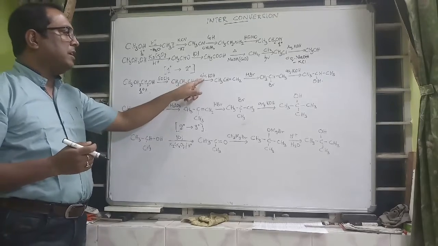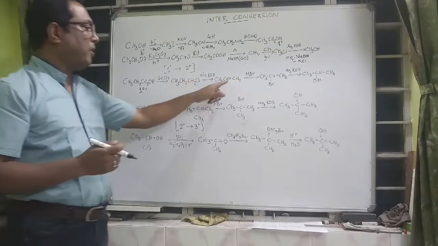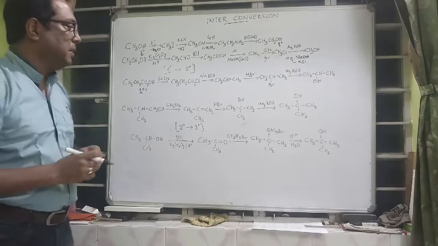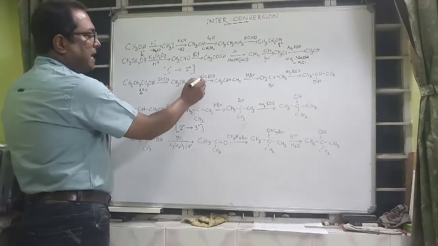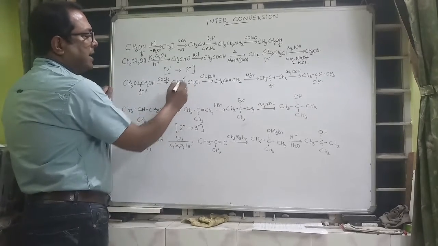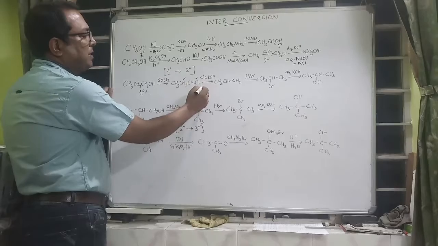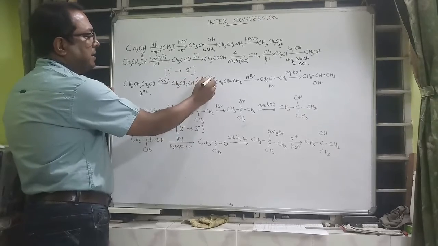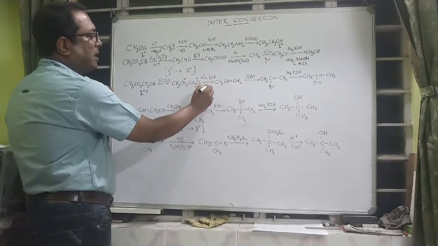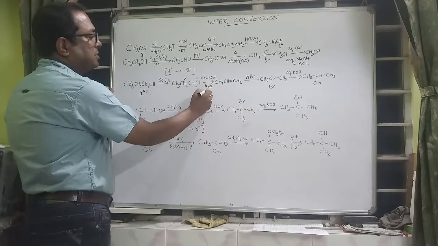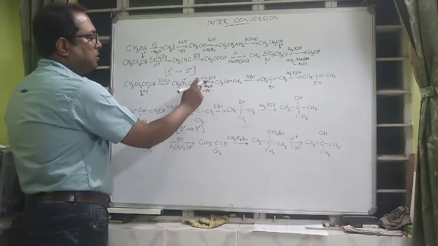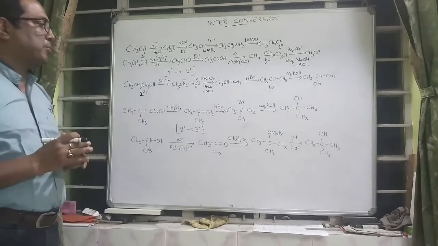Now with alcoholic KOH, it is going to form an unsaturated hydrocarbon. What happens is this alcoholic KOH takes one hydrogen from here, one chlorine from here, and this hydrogen reacts with the OH to form water, and K will take this Cl to form KCl. So these two will form as a byproduct.